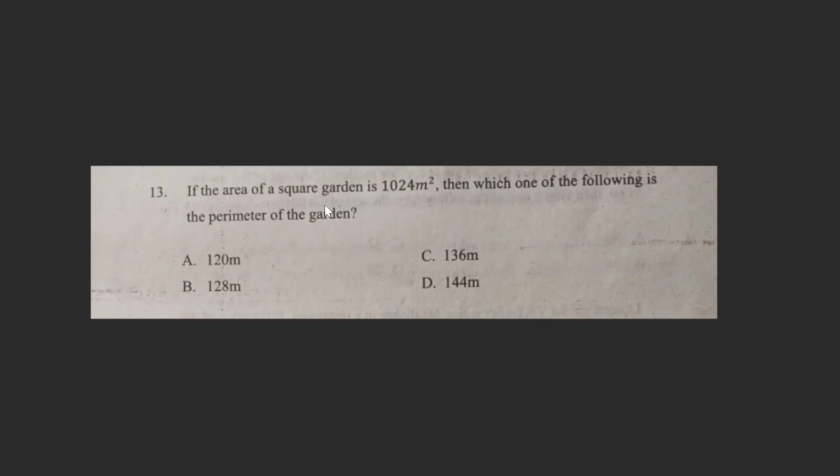If the area of a square garden is 1024 square meters, then which one of the following is the perimeter of the garden? Let's say one way is to take the square root of 1024.